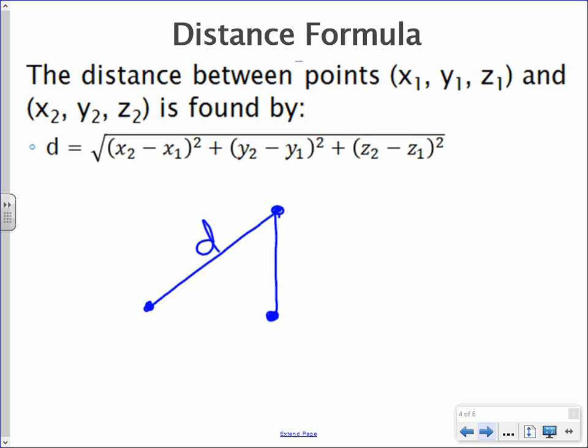If I want to find the distance between those two coordinates, how would I do that? What is the difference of these? Now, these two points, what did I say about them? They have the same Z, so they're in a plane. How do we find the distance between two points in a plane?